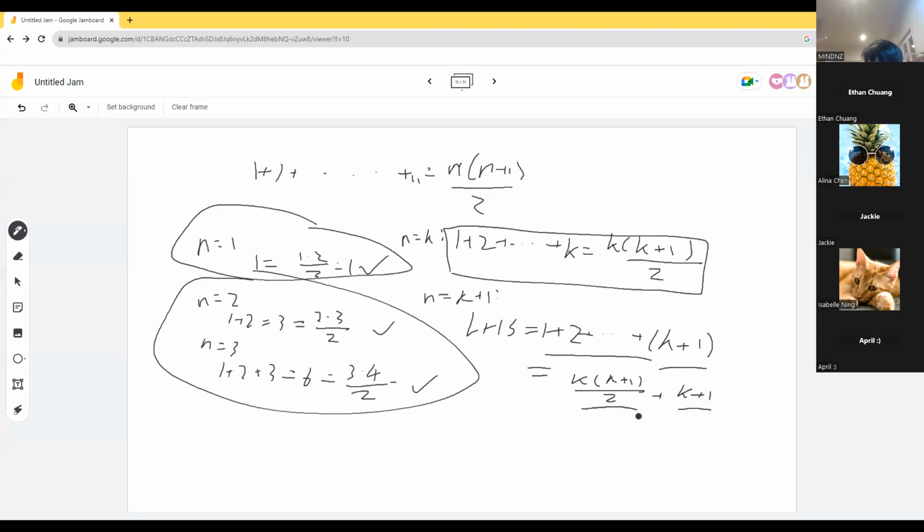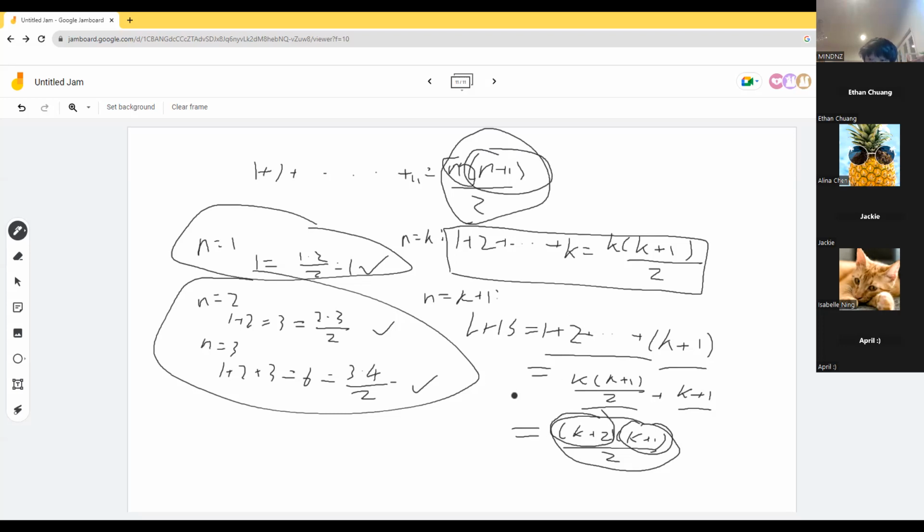And that is equal to k plus 2 times k plus 1 over 2. And this is what we wanted to prove, because n is equal to k plus 1. If we substitute it, that's what we should be getting.